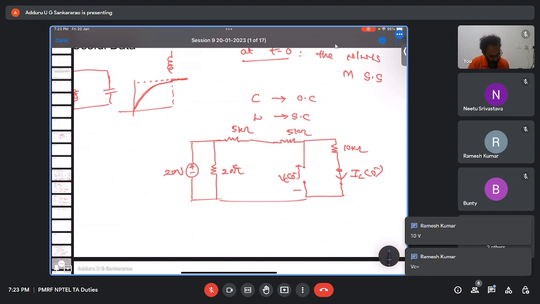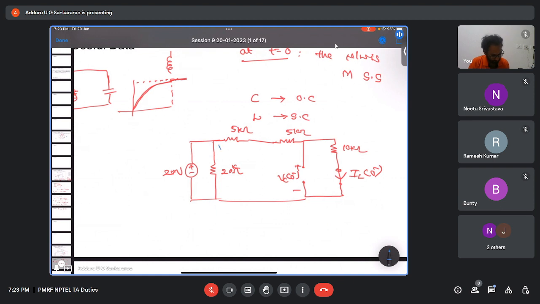Now, if you take this entire thing as a loop, we can use the voltage division principle. You can say the 20 volts is applied across this 5k, 5k, and 10k. Can we say that? Because they are parallel, right? The 20 volts is parallel to 20k and also parallel to the other branch, 5k, 5k, 10k. Now the 20 volts is distributed according to the voltage division principle.